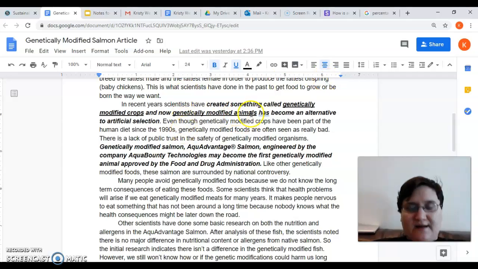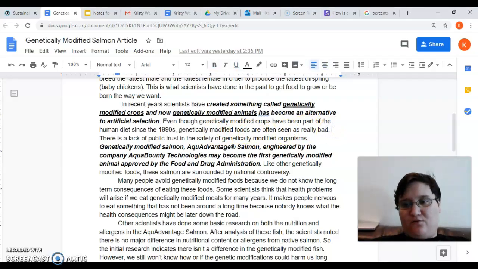Okay, so even though genetically modified crops have been part of the human diet since the 1990s, genetically modified foods are often seen as really bad. So typically if you see it on TV or if you read about it, it's not seen as a good thing. If you use the word GMO around adults, they're like, ooh, ooh, ooh.